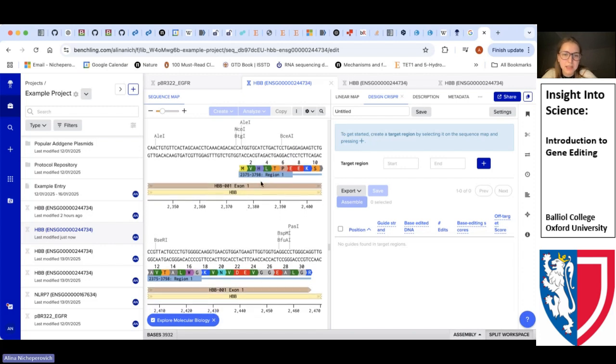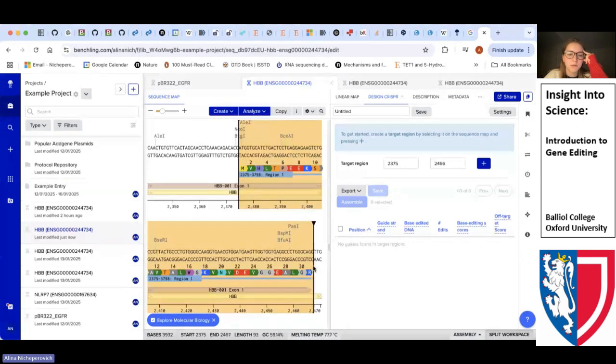But what we're particularly interested in is, as we discussed, codon 13, which resides here, where we have this threonine amino acid. And what we want is to generate a guide RNA that would target this sequence specifically. So what we can do is pick this region, let's say, of the first exon.